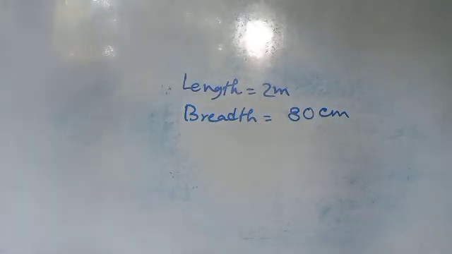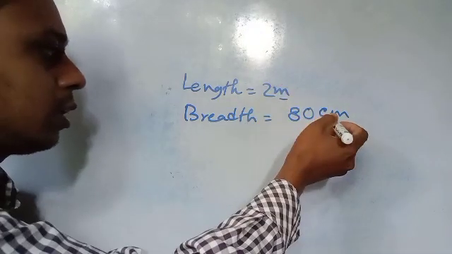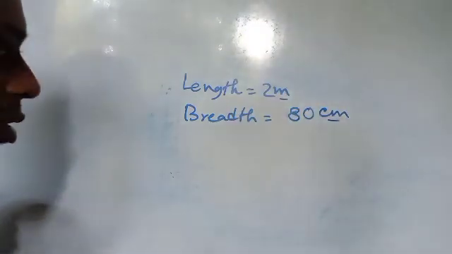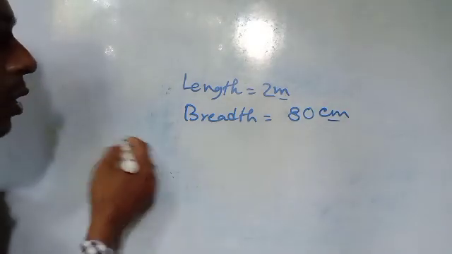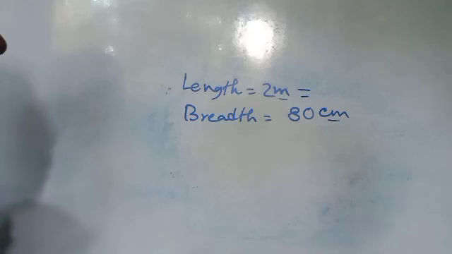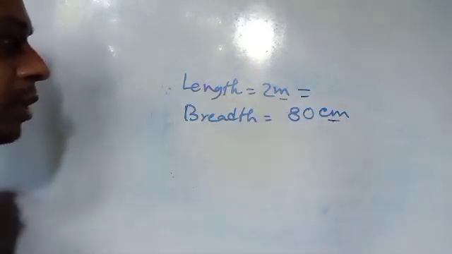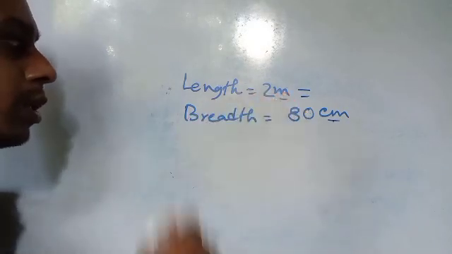The unit of length and breadth both are not the same. This one is meter, this one is centimeter. Now what to do? First of all, you have to convert the length into the smaller unit, centimeter, not convert centimeter into meter.